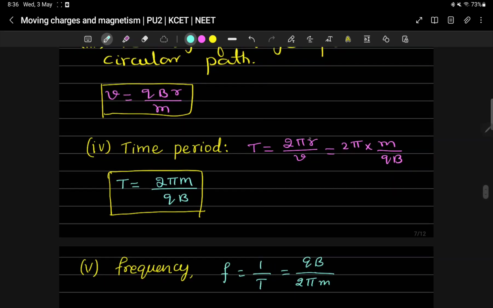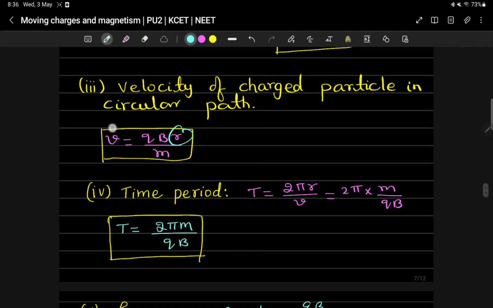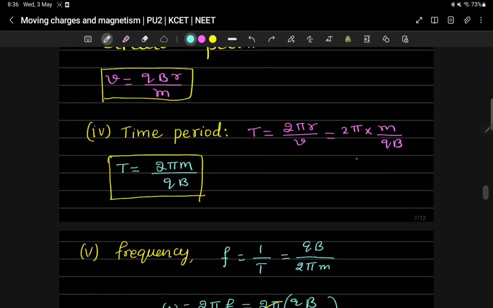So time is 2 pi r divided by velocity. If you take r and v on one side, r by v is m divided by qB. Just substitute that and you will get this.